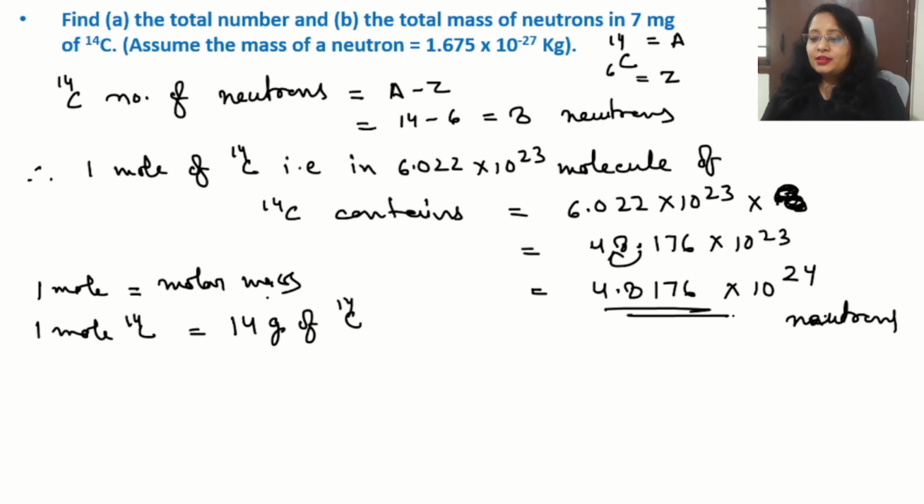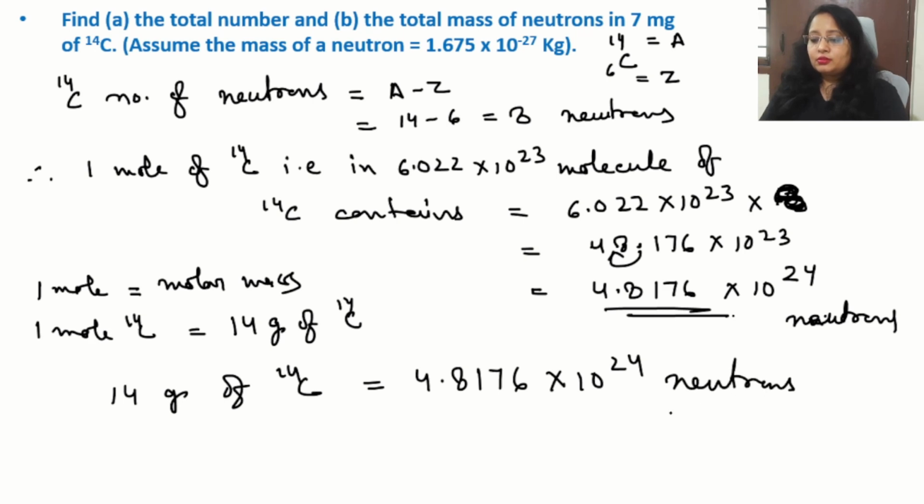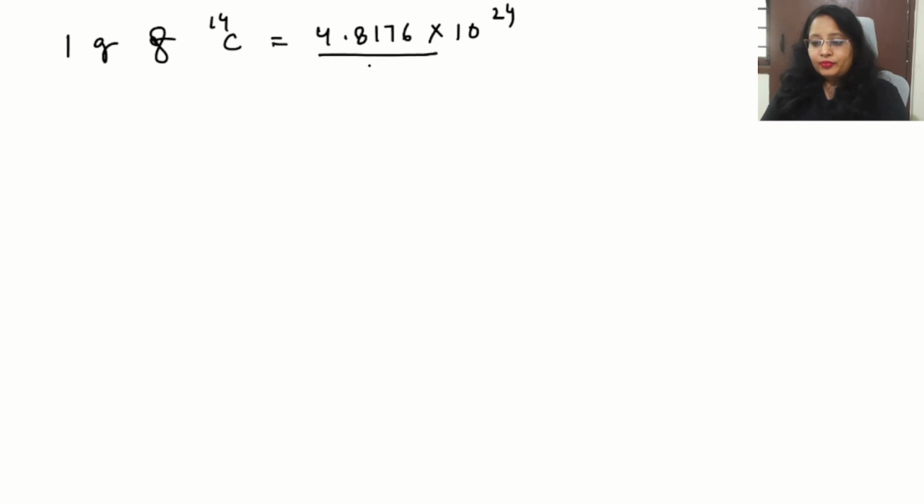So if we can say 1 mole contains this much neutrons, or we can say 14 grams of carbon 14 contains 4.8176 into 10 to the power 24 neutrons. So if 14 grams contain this much, so we can say 1 gram of C14 contains 4.8176 multiplied into 10 to the power 24 divided by 14.